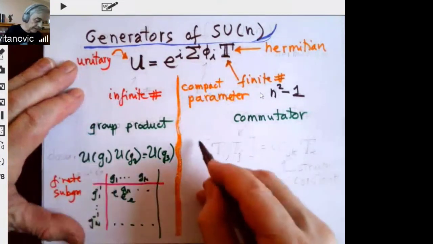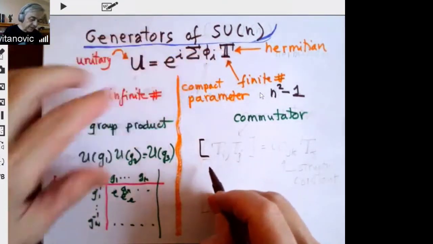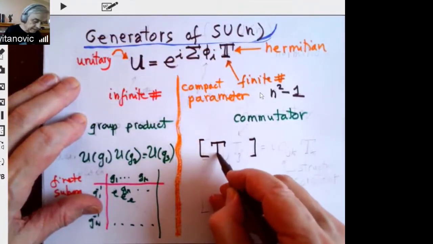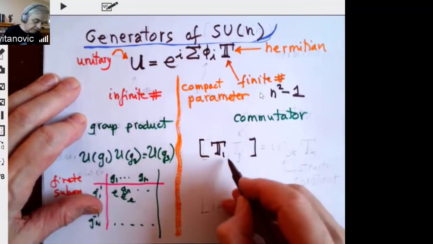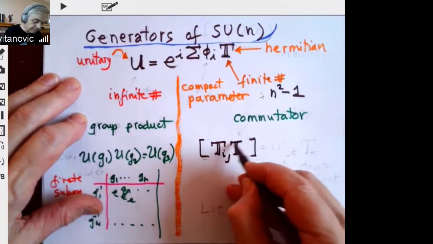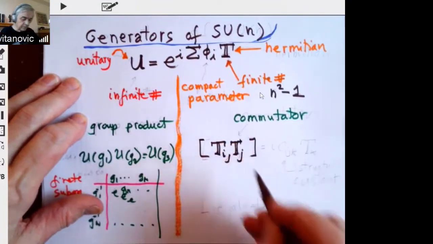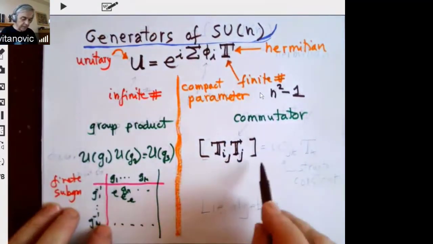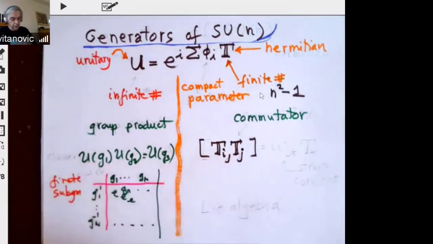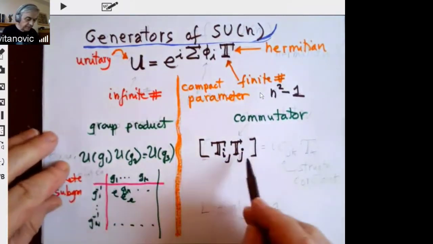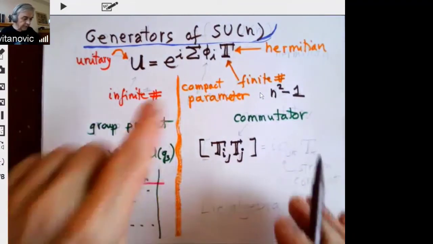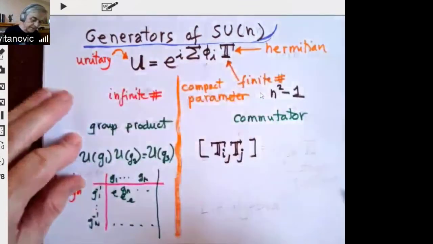It says that when I look at these generators, I have to make sure that if I compose them in one order, multiply them as matrices, and then I compose them in the other order and subtract the two. So that's a difference that measures how non-abelian the group is, because it's the difference that measures how generators of the group commute when I multiply two group elements.